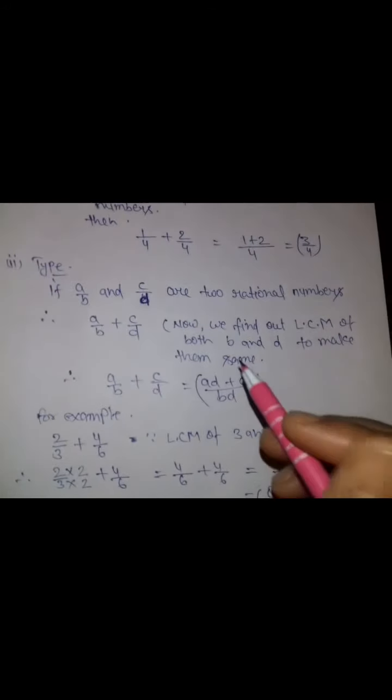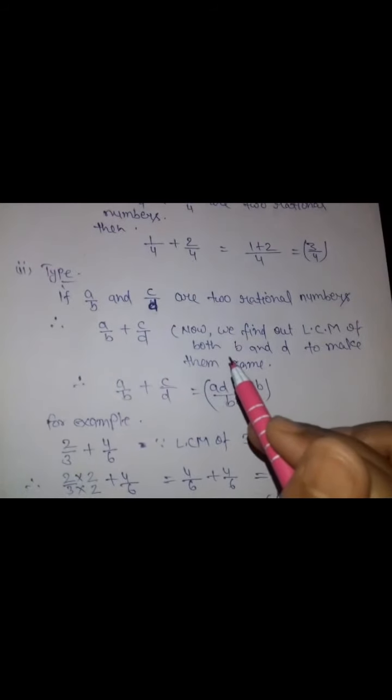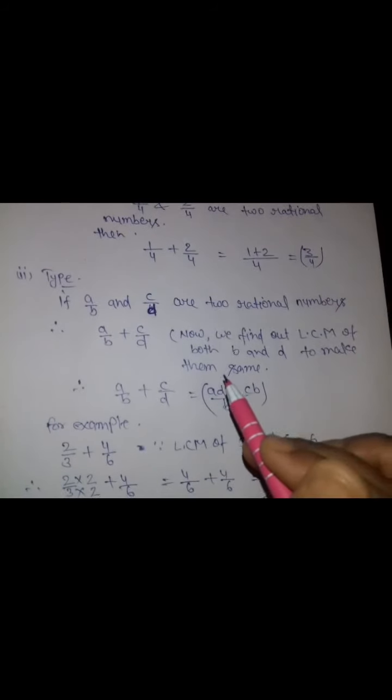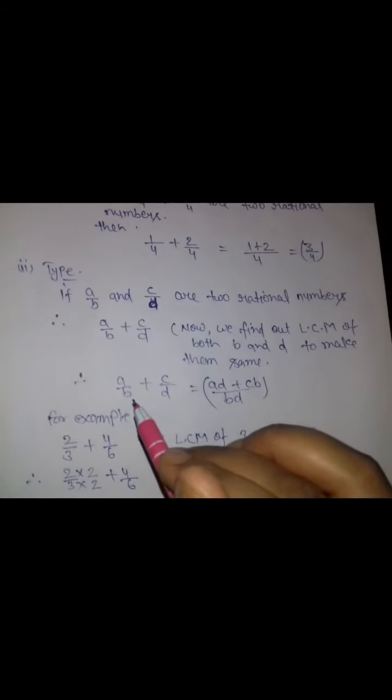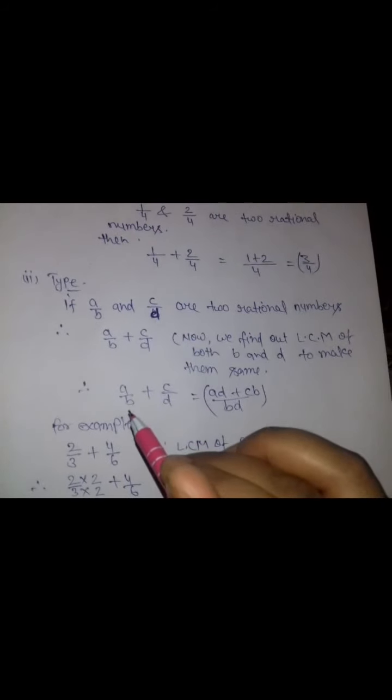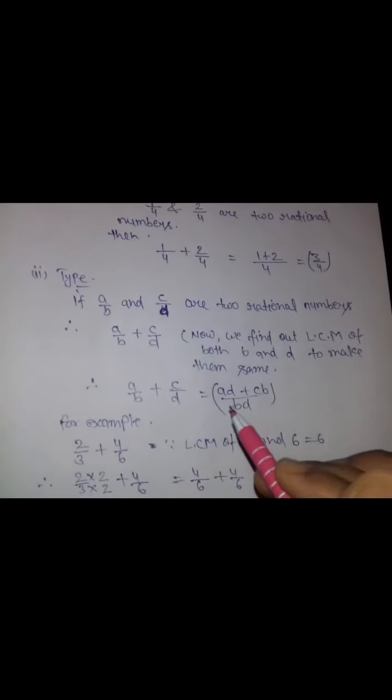So we will find the LCM of both denominators b and d. To make them the same, a by b plus c by d, the LCM will be bd.